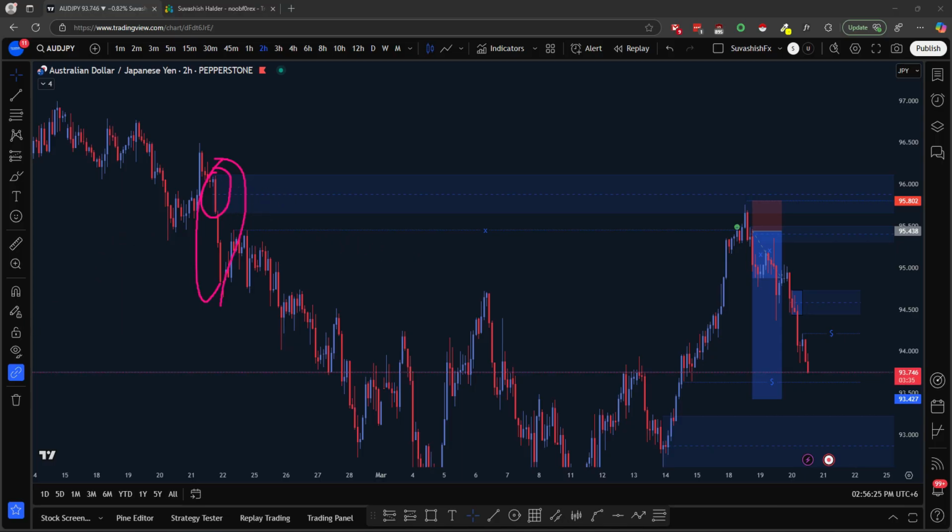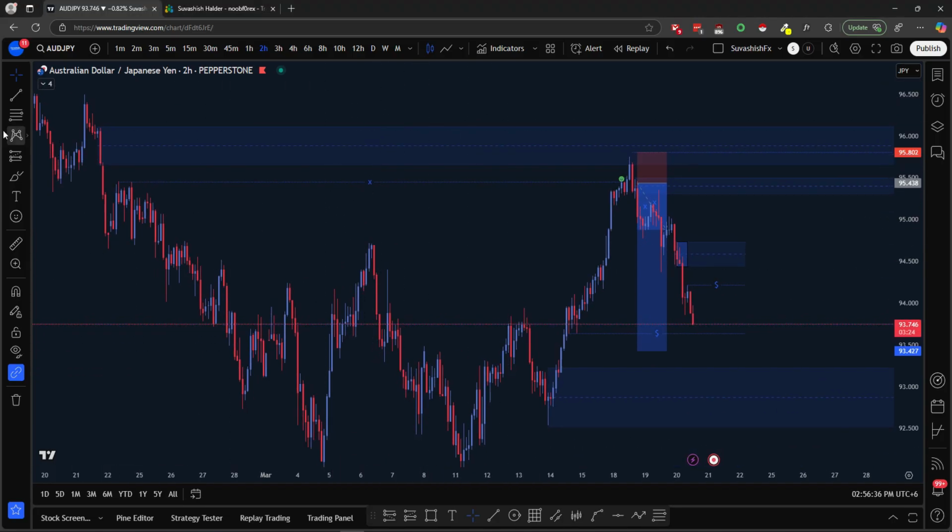And then if you notice carefully, the market started moving this way. But you can also notice that the market makes the liquidity level in here.